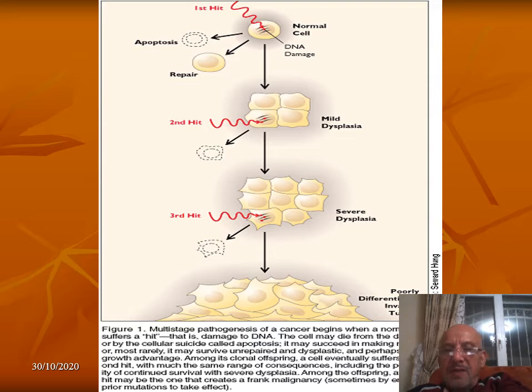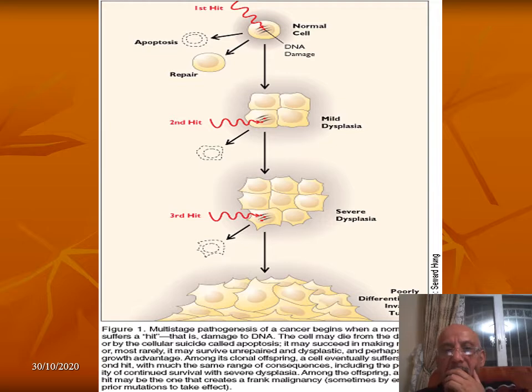And with this mild dysplasia, the cells are probably surviving without a problem, and they are capable of growing and proliferating. With further exposure to the carcinogens, those cells in the mild dysplasia phase will come into severe dysplasia, and this is a step just before malignancy.